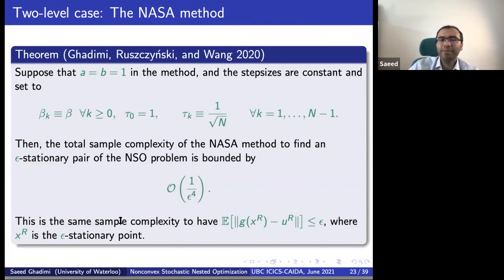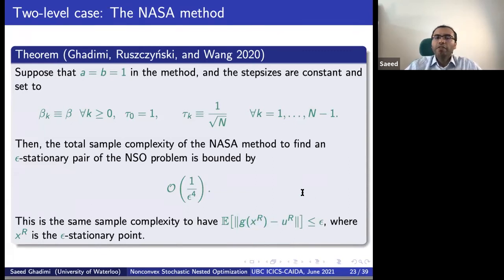This is the same sample complexity to find a solution such that the value of g at that solution and u, which is an estimation for the inner function, is bounded by epsilon.